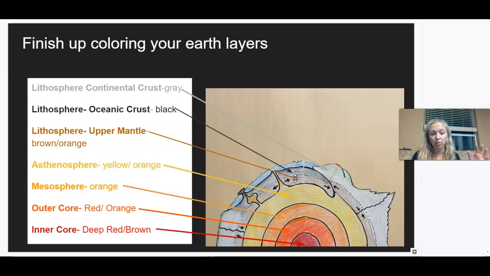So they move around on top of the asthenosphere and run into each other or move away from each other and all that stuff. So that's kind of where we left off.